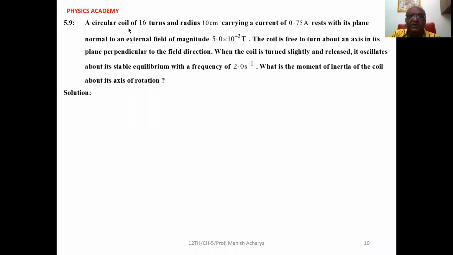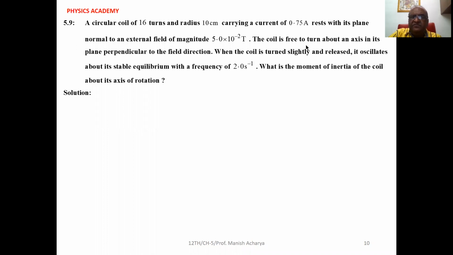5.9. A circular coil of 16 turns and radius 10 centimeter carrying a current of 0.75 ampere is placed with its plane normal to an external field of magnitude 5 into 10 raised to minus 2 Tesla.